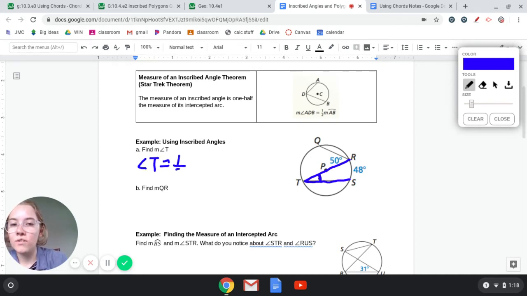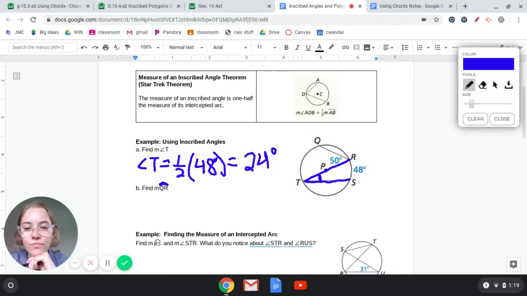Now find the measure of arc QR. I'm going to go ahead and erase what I have written down here. I'm going to put what we're looking for in blue, and then I'm going to switch colors.